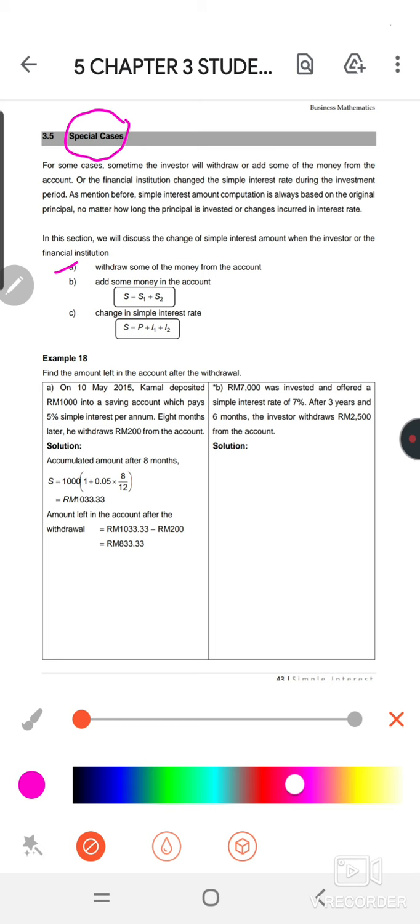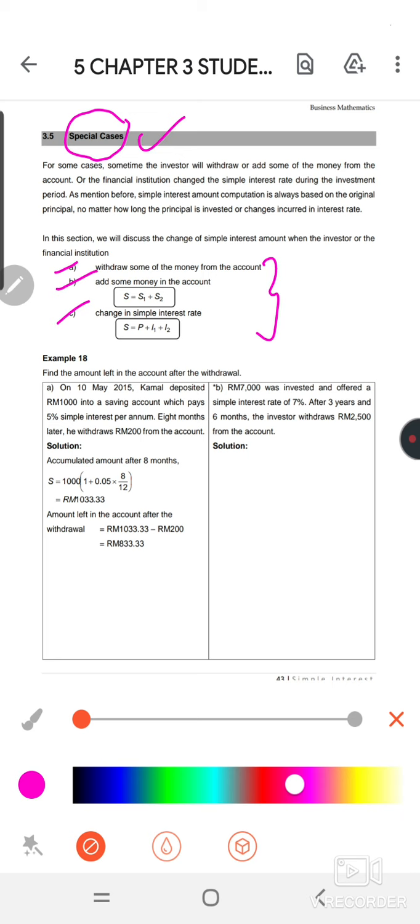Then second one, you add some money in the account ataupun awak tambah simpanan tu dalam tempoh yang tertentu. And then another one, change in simple interest rate. Mungkin macam bank tu dia tukar interest rate dalam tempoh pinjaman ataupun tempoh simpanan. So this one we call special cases.